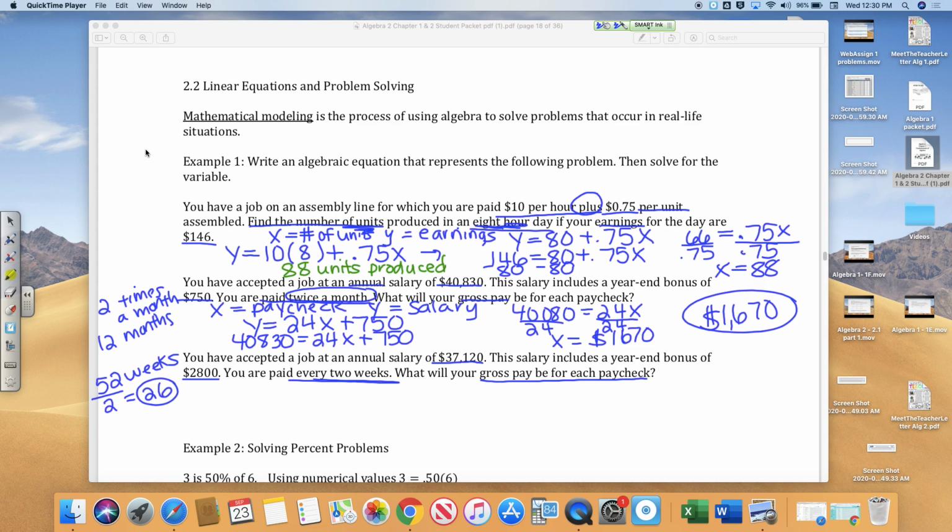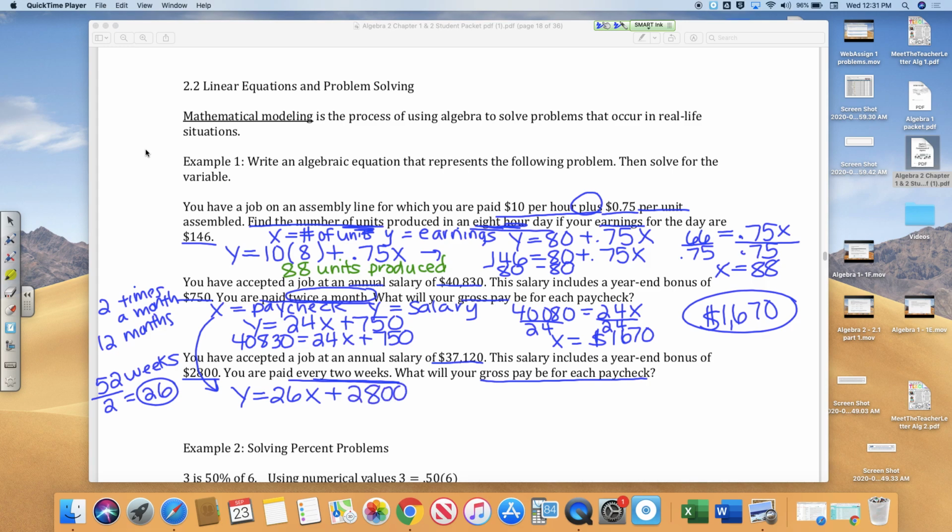When we're using our equation, we're going to use the same variables as before. So x is going to be equal to paycheck, y is salary. So I'm not going to write that again. But now our equation is going to be our salary is going to equal 26 paychecks times how much money each paycheck is, plus our year-end bonus of $2,800.